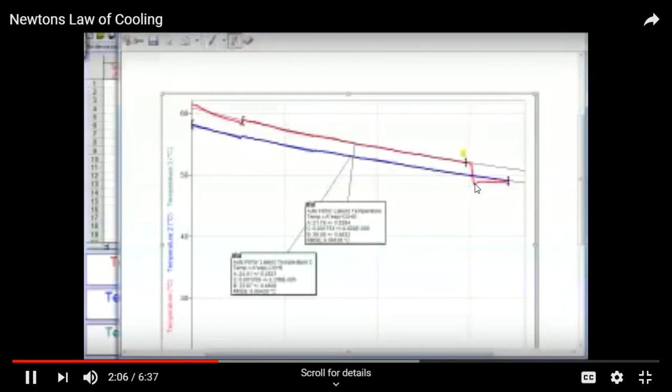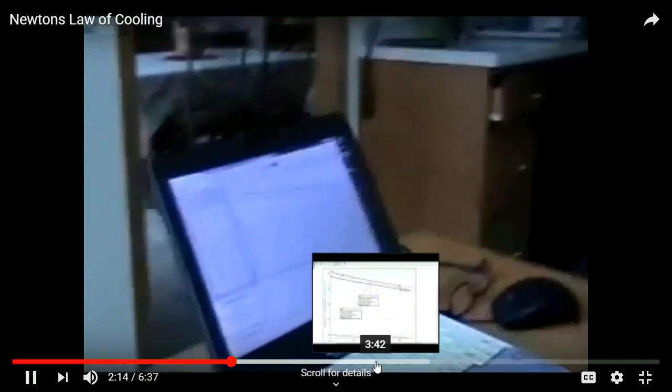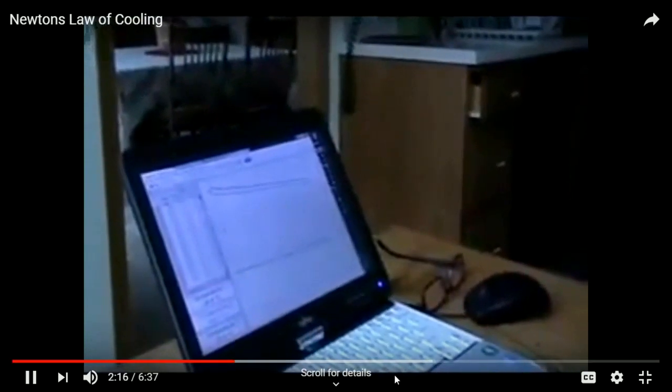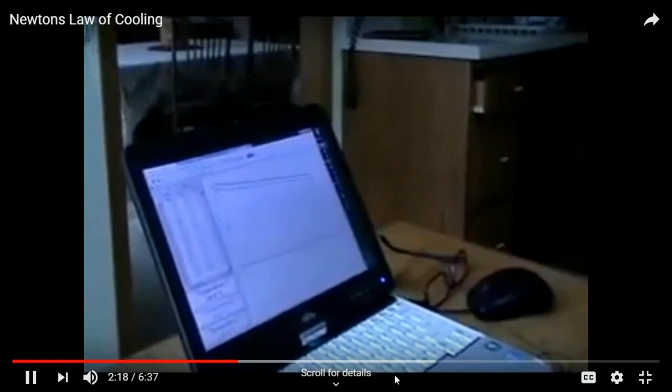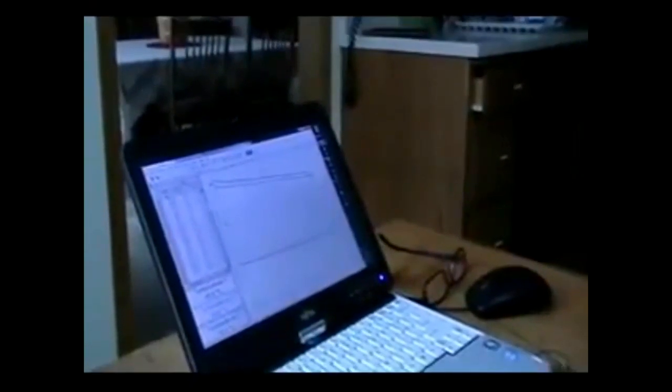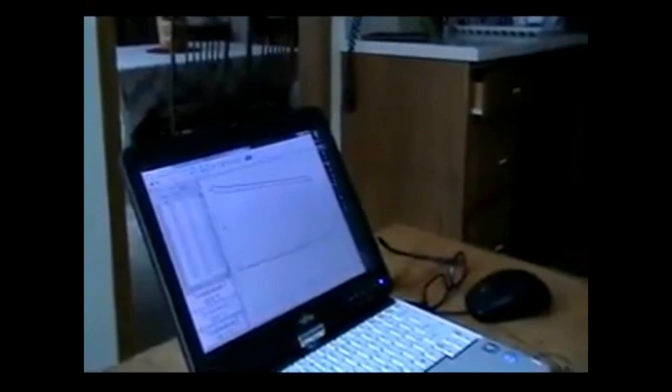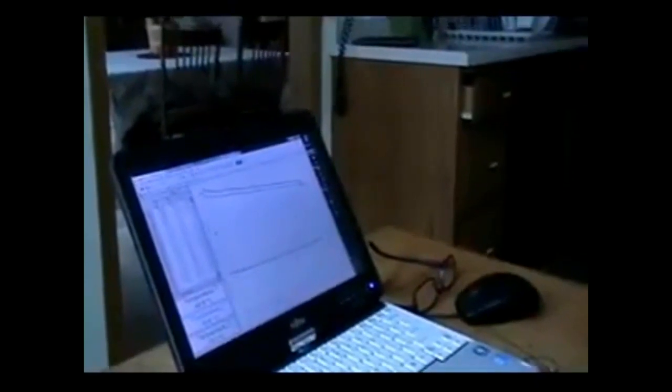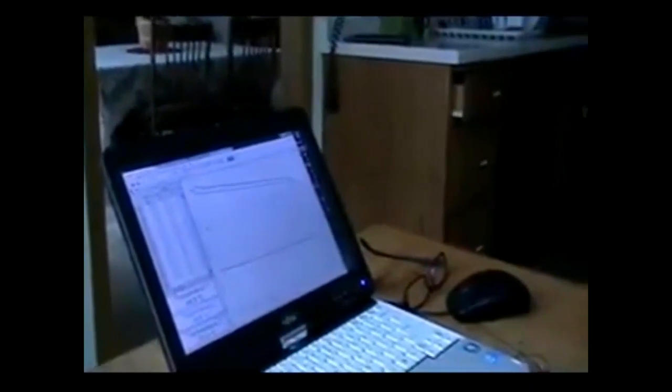So here's where we added the cream. Adding the cream later is slightly lower, just slightly lower than the temperature that it would have been had we added first. Here's the explanation.